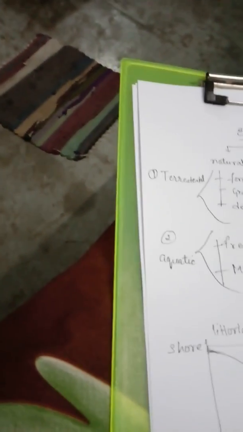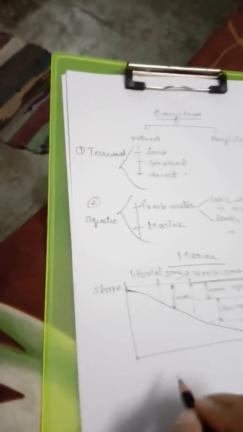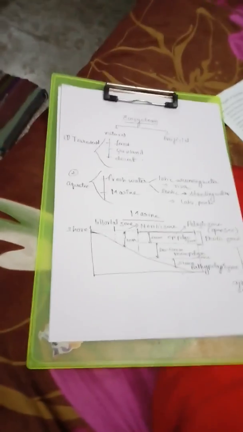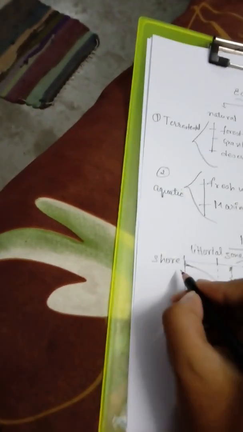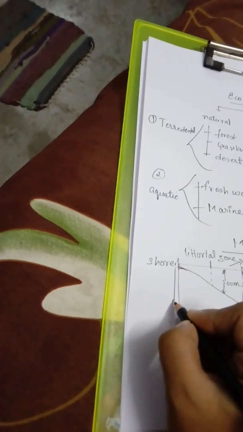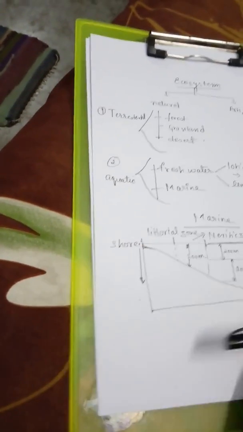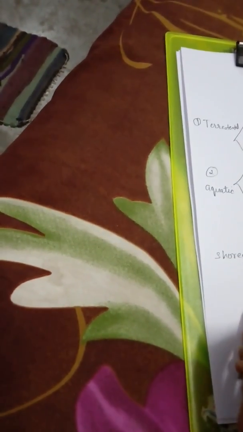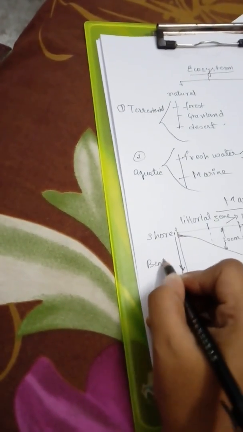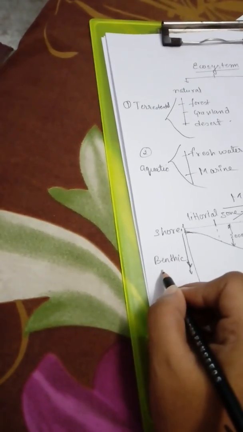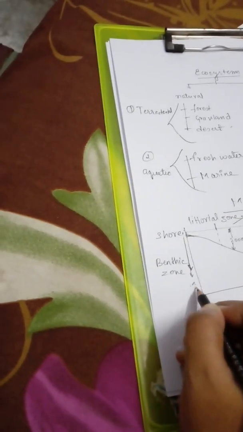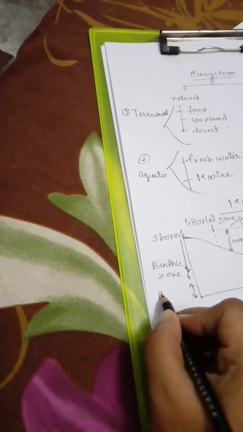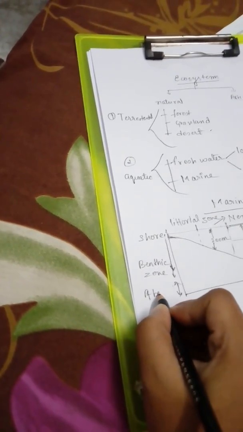The bottom area. There are also further divisions on the basis of depth. The deep sea is known as the benthic zone, and the deepest sea is known as the abyssal zone.